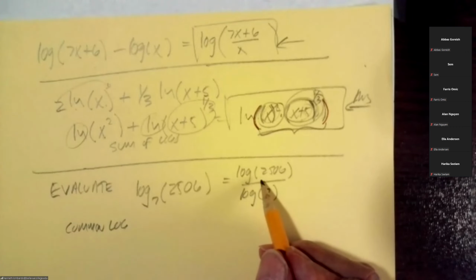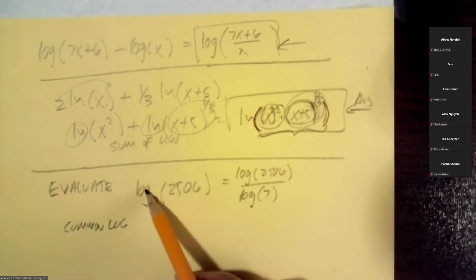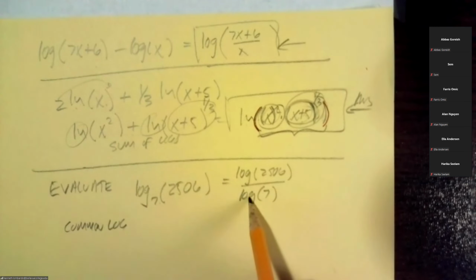Remember that change of base property we talked about earlier? So we could change log base 7 to log base 10. We could change it to log base e. The ln is log base e and so forth.